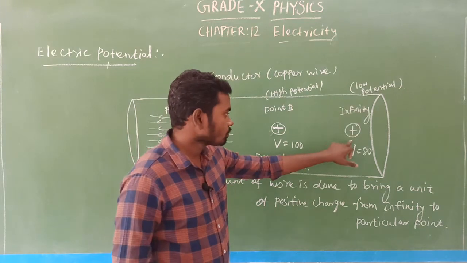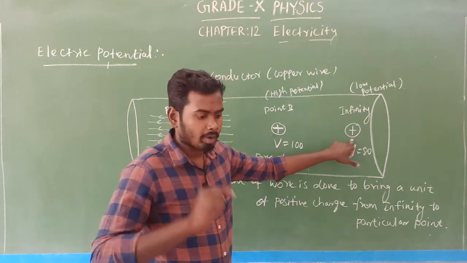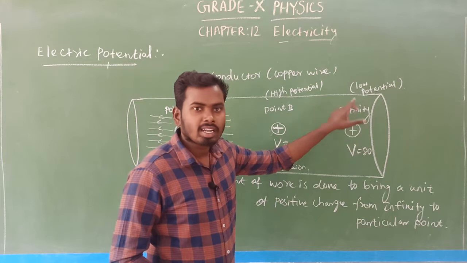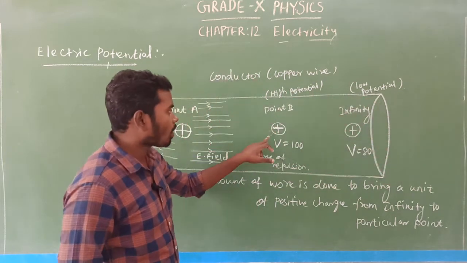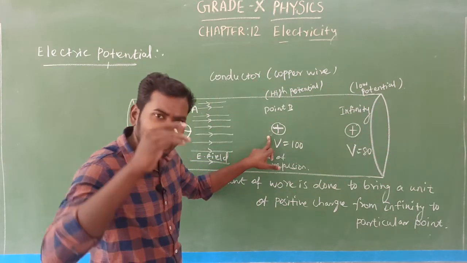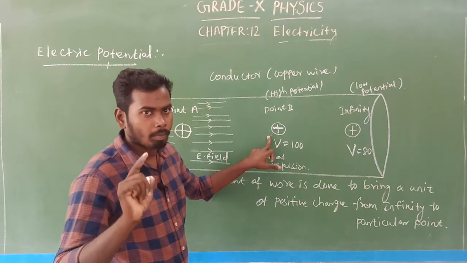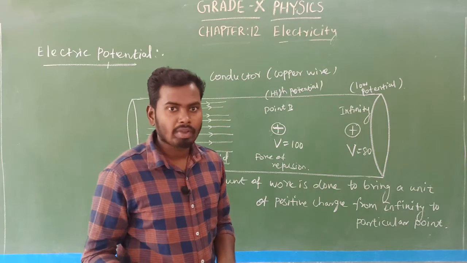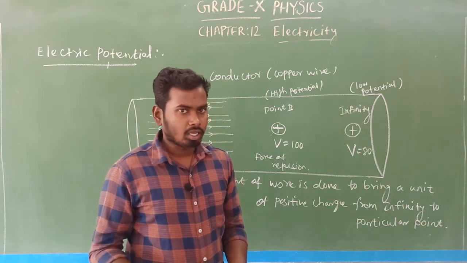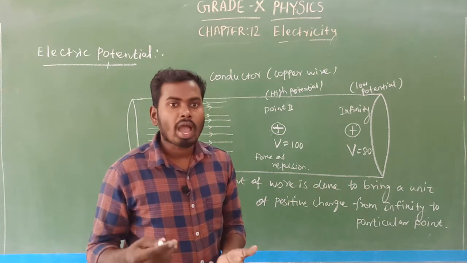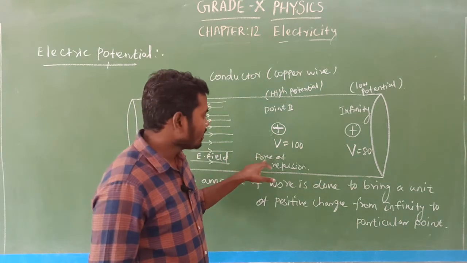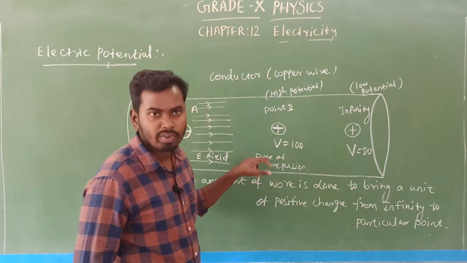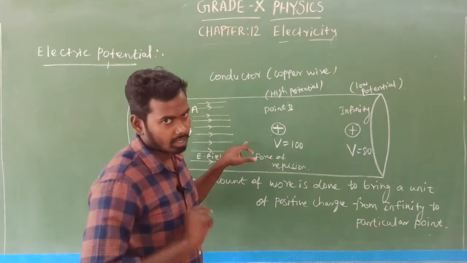Yes. To bring, note this point, to bring this charge placed at infinity to any particular point, we have to spend more energy. Because we have to do some work against this force of repulsion, or otherwise we can say electric field. Is it clear? Yes.